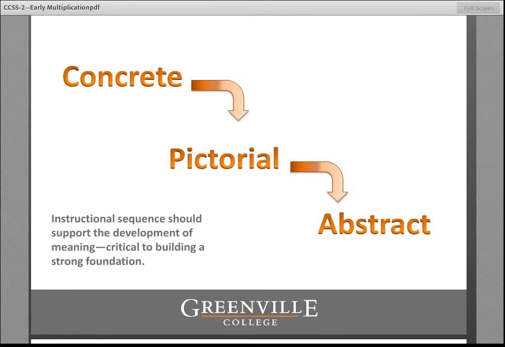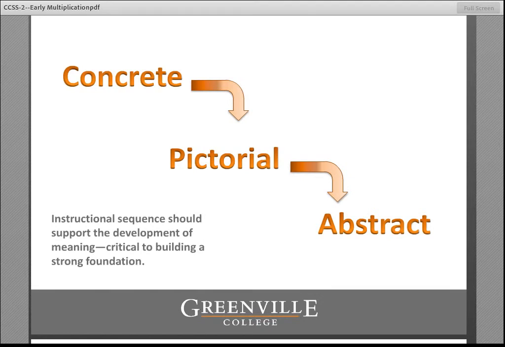So we need to follow that kind of sequencing, beginning with the concrete experiences, then using models to help students perceive relationships. That's the pictorial model. Those models that we draw help them see the relationships so that we can study them more carefully and articulate things we're noticing. And then finally, recording in more abstract symbolic formats.